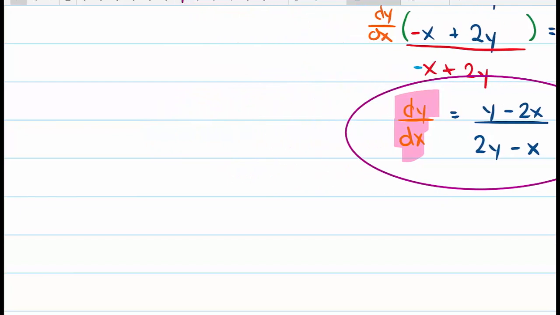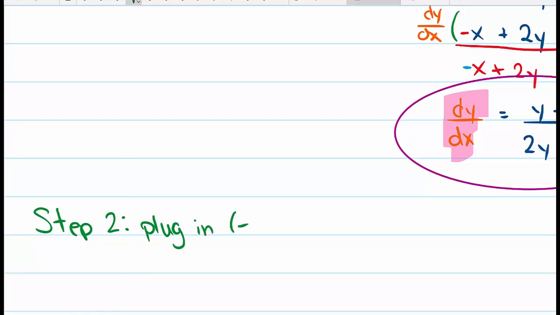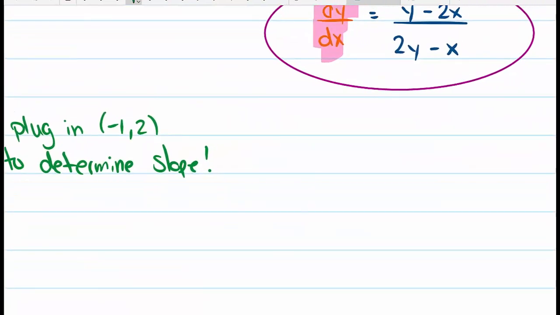All right. Now for step number 2. Step number 2 is to plug in the point (-1, 2) to determine the slope. Because we want a tangent line, and to find a tangent line, we need a slope.